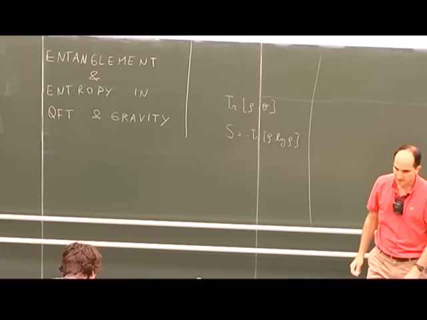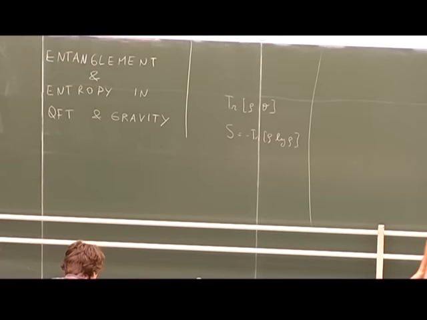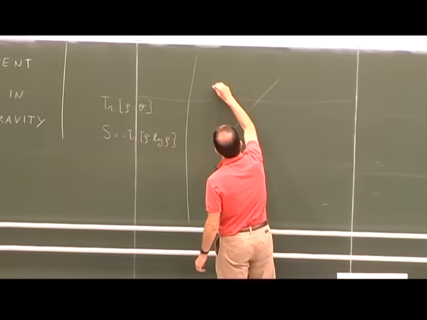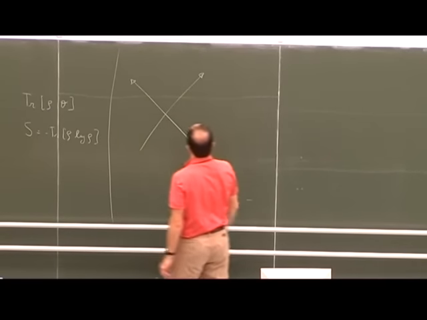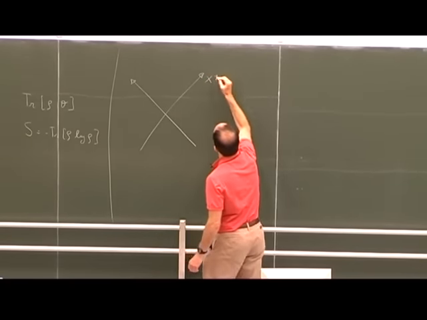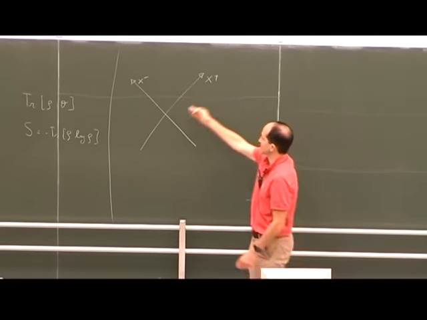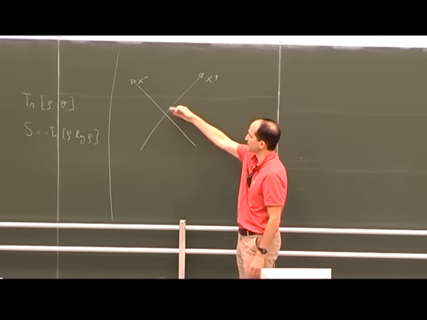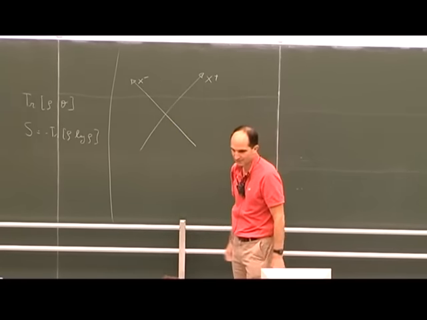Okay. So the first topic will be Rindler space. We take just ordinary Minkowski space, and we take two of the coordinates, x plus and x minus. These are the two light-cone coordinates. You could think of this space as two-dimensional or as higher dimensional, with the extra dimensions going perpendicular to the blackboard.